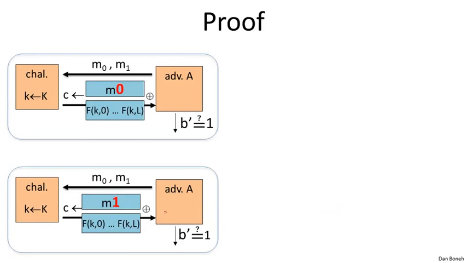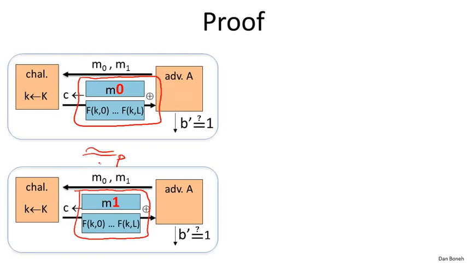And the proof in pictures is a really simple proof, so I'll just show it to you one more time for completeness. Basically what we want to show is that when the adversary is given the encryption of the message M0, here this is the encryption of M0 XOR counter applied to the PRF, versus being given the encryption of the message M1, these two distributions are computationally indistinguishable.